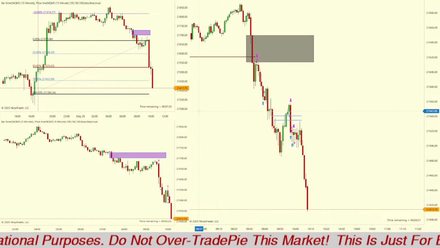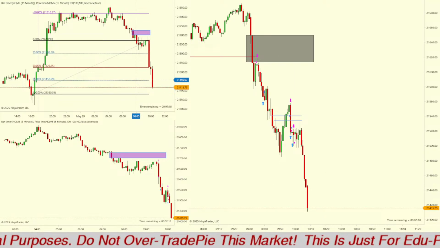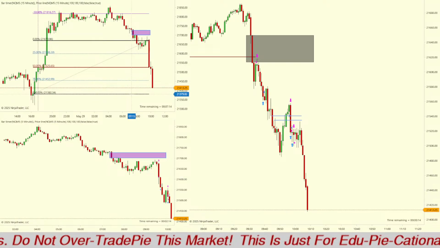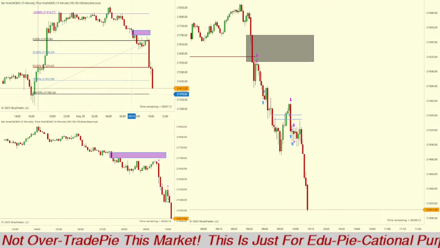You can see we passed through the lower quadrant over here, and now we are trying to reach towards the low of the open range gap.